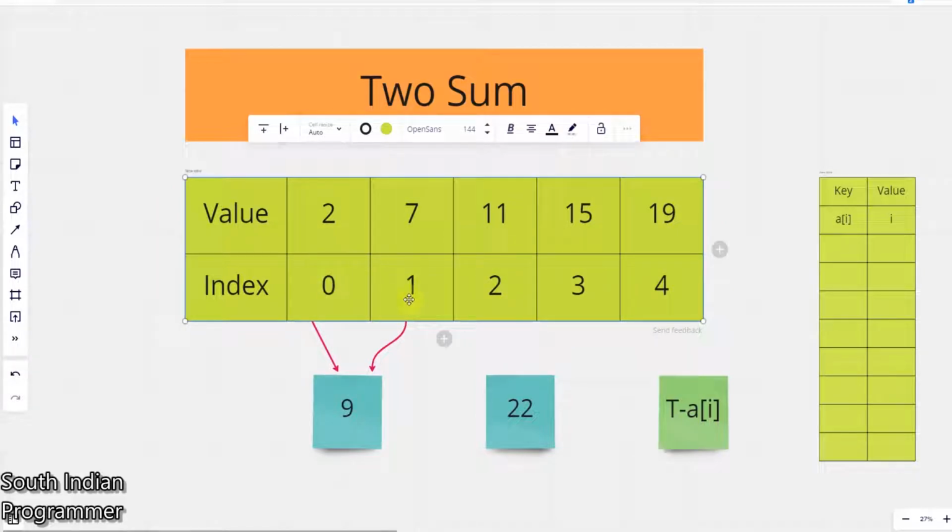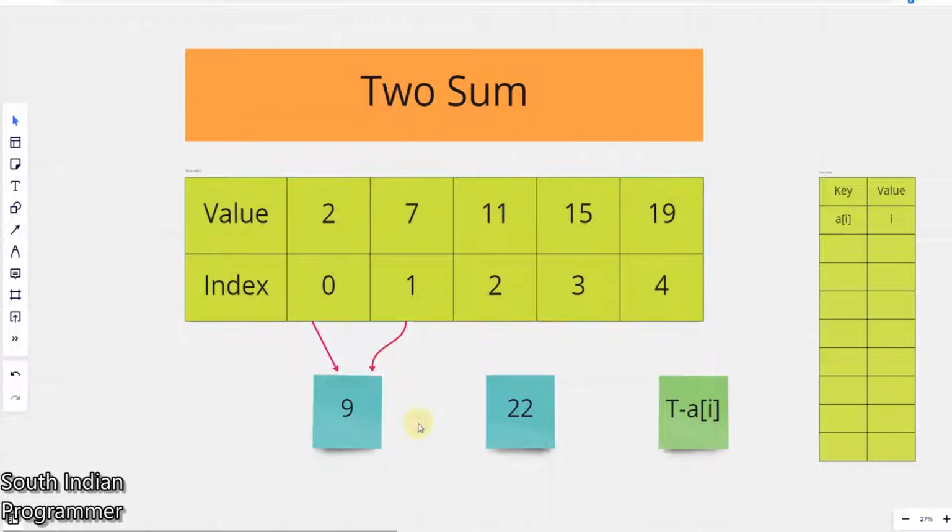Only one solution exists, the numbers are non-repetitive, and you cannot use the same index twice. If you have 4, you're not supposed to add the index at 0, which is 2, plus 2. The same number you should not use. So with these conditions, how do we do this?